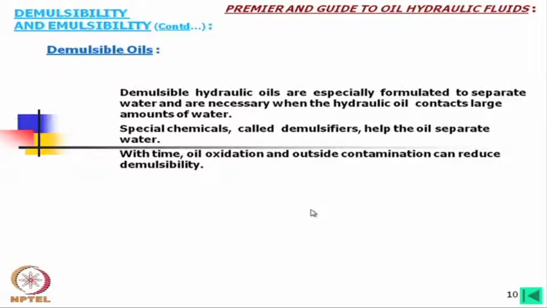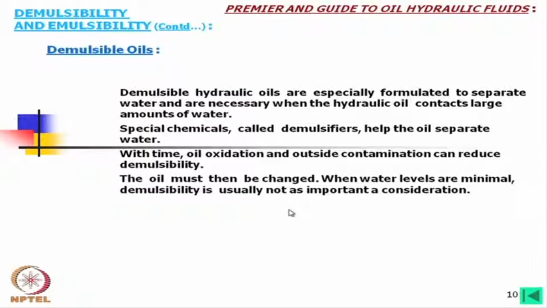With time, oil oxidation and outside contamination can reduce the emulsibility. The oil must then be changed when water levels are minimal. The emulsibility is usually not an important consideration.